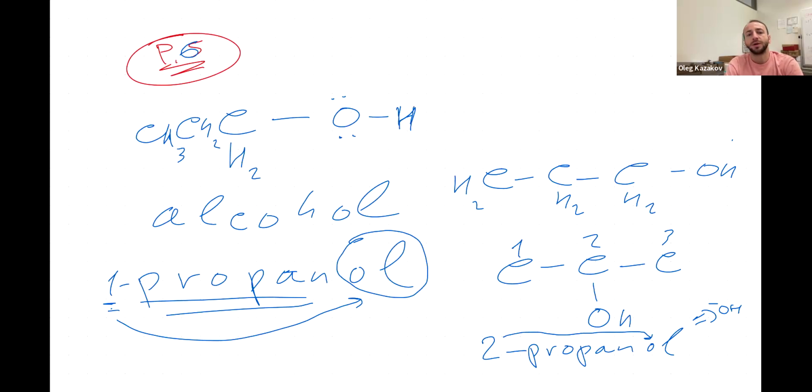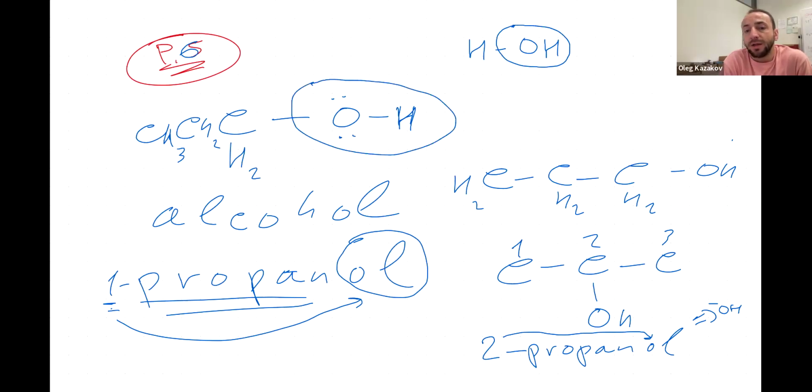Okay, all good. So now something to think about is the physical properties. That's where we start before we go to reactions, because those are more complicated. If you look at the alcohol and compare it with the water molecule, you will see a good degree of similarity. Why is that so? Because you have the OH group in the water, and you also have the OH group in the alcohol, which means they are alike.